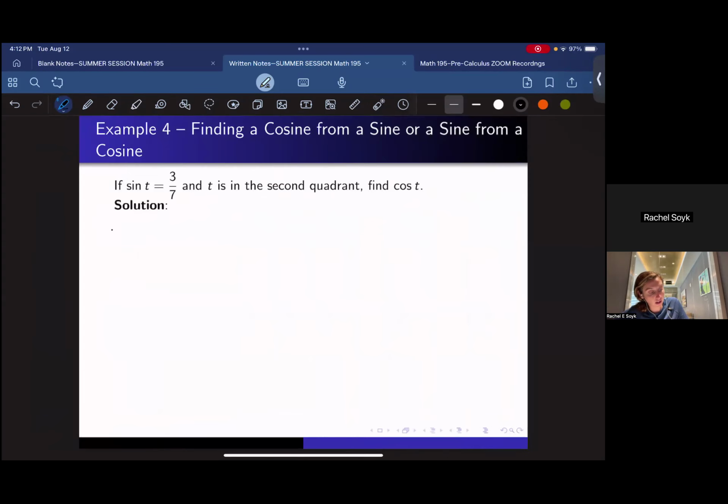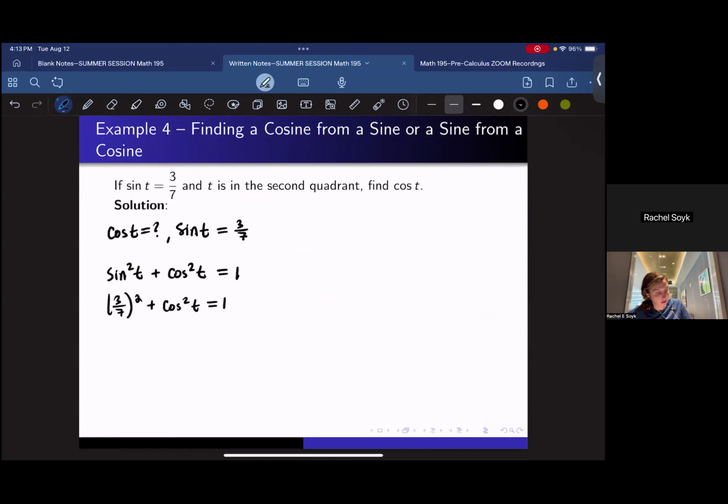If we want to find cosine t and we're given that sine t is equal to 3 over 7, well, sine squared t plus cosine squared t equals 1. (3/7) squared plus cosine squared t equals 1.